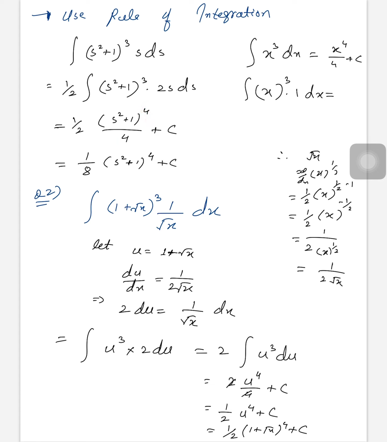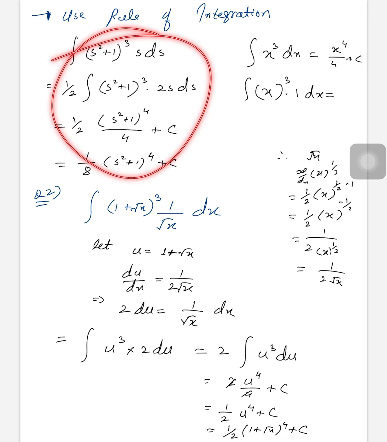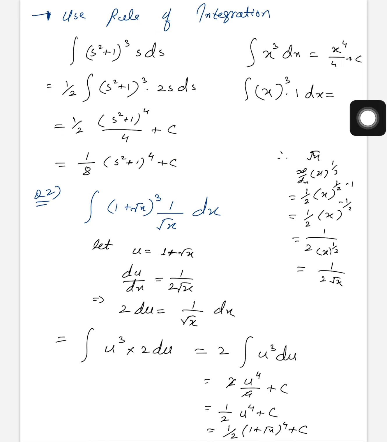Now we can solve this question by using another method that is called integration by substitution, because sometimes it is difficult for us to find whether its derivative exists here or not. Like if this is a function, right, 1 plus under root x, we don't know its derivative directly, so this is a function having power on it, right?